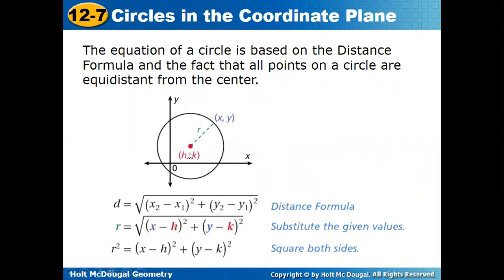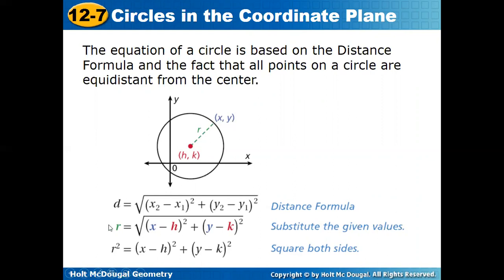So if we consider that the first point is (h, k) and the second point (x, y), and substitute in the distance formula, the radius will be the square root of (x2 minus x1), which is x minus h, all power 2, plus (y2 minus y1), which is y minus k, all power 2.